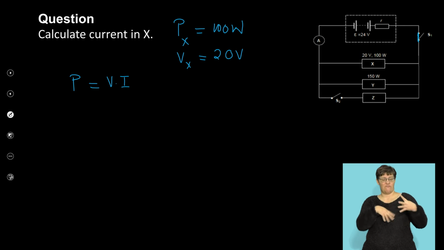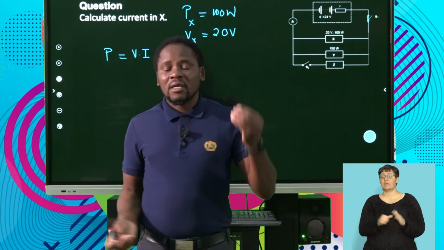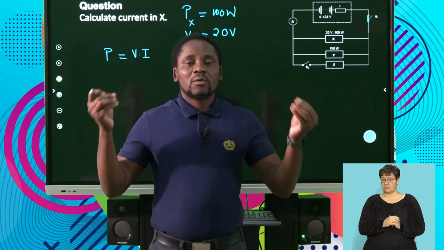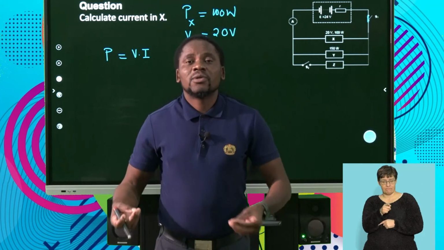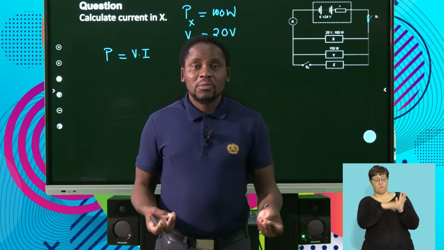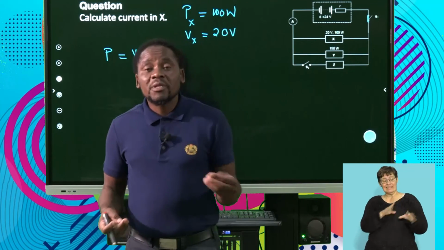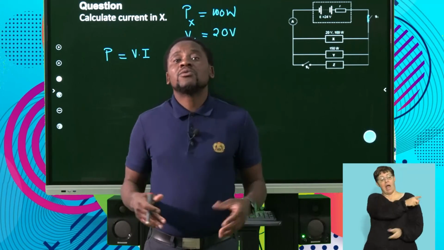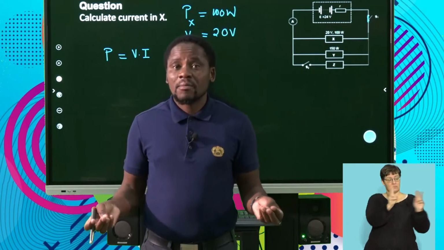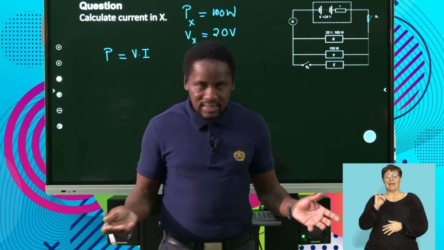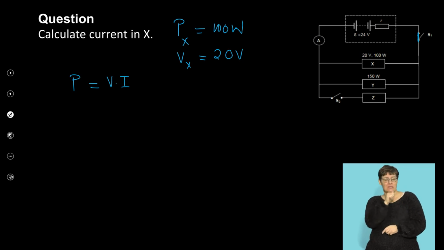So this is the formula that we identify in the data sheet. Very, very important, again, as a reminder: if a question requires a calculation that involves identifying the correct formula in the formula sheet, always copy the formula as it is, without trying to manipulate or change the subject, because in this case we're actually looking for current. So we've got P, which is 100 watts, equal to the voltage, 20 volts.